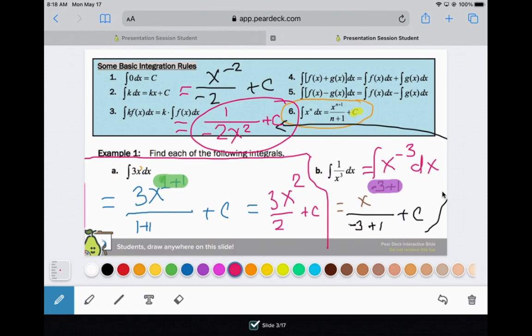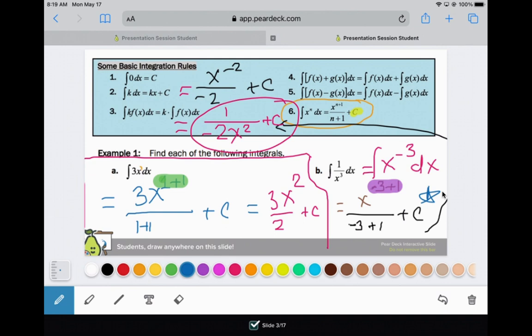So this piece right here is the calculus piece. And most of you understand the calculus piece. The part that you really struggle with is the simplifying part, which is a pre-calc, algebra 2 skill that some of you got confused with. Like I've been telling you, the calculus piece is not too bad.